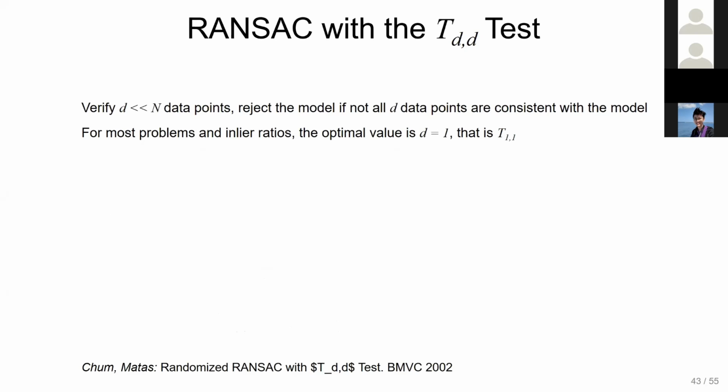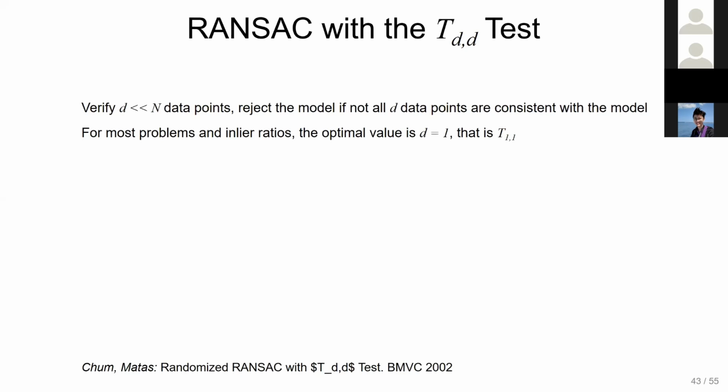So the first, to my knowledge, the first idea of randomized verification is the Td,d test, which is very simple. You take a small number of points, d points, and you verify them. And if all of them are consistent with the model, you verify the rest. And if not consistent, you just drop the sample and go and take another one.